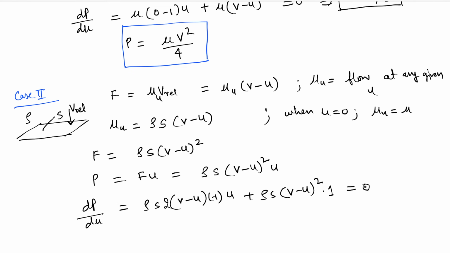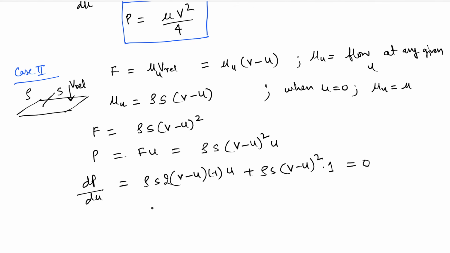And this we put to 0. Now there are two answers here. The first one is that we get u as 0, and the second one is u as v by 3.